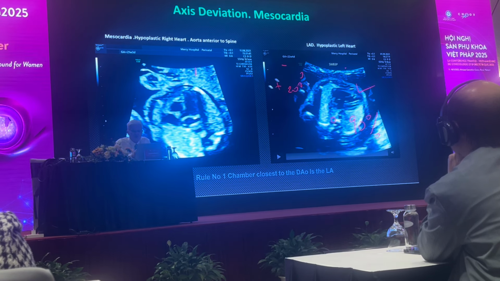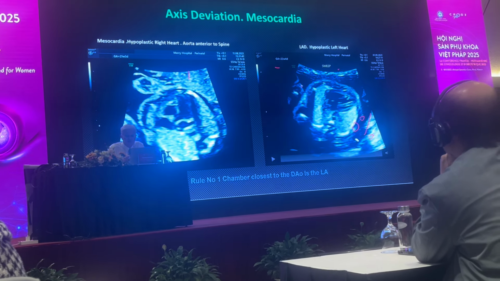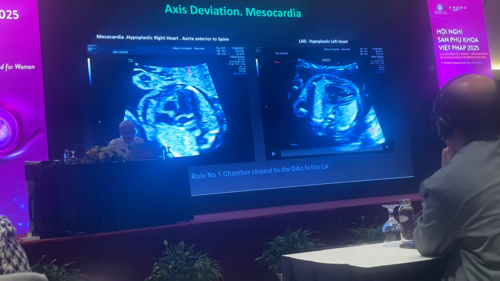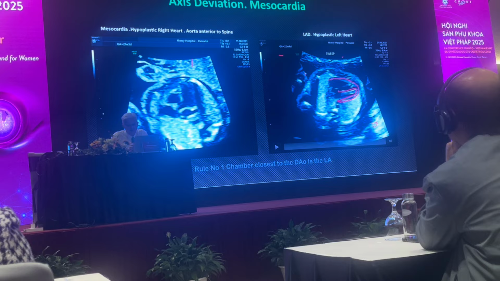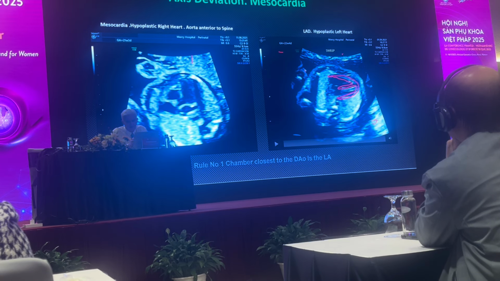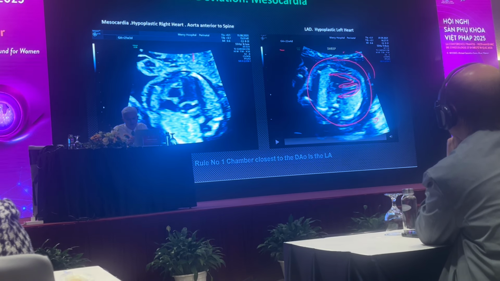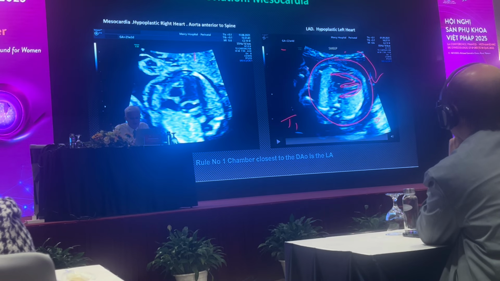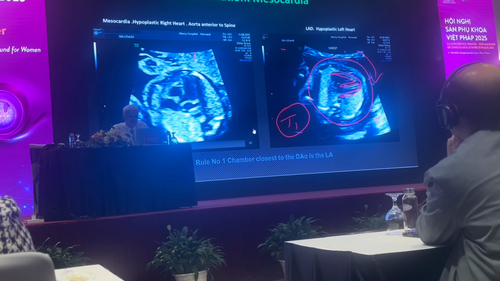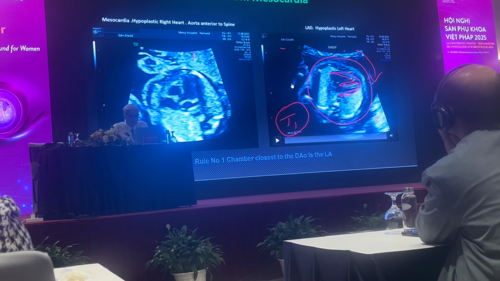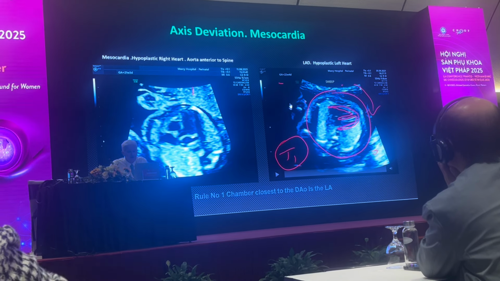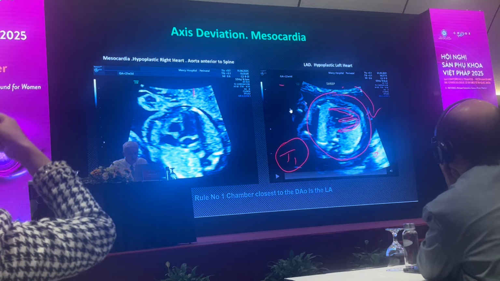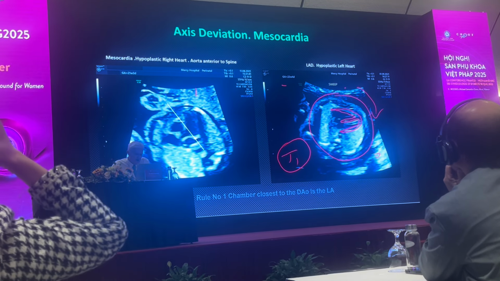This is a very important finding because cardiac axis deviation is a very powerful marker of a congenital heart defect. So it is very important when you see this, especially in the first trimester, because this is a stronger marker than nuchal translucency, tricuspid regurgitation, or ductus venosus. In fact, it's stronger than all three of these combined.